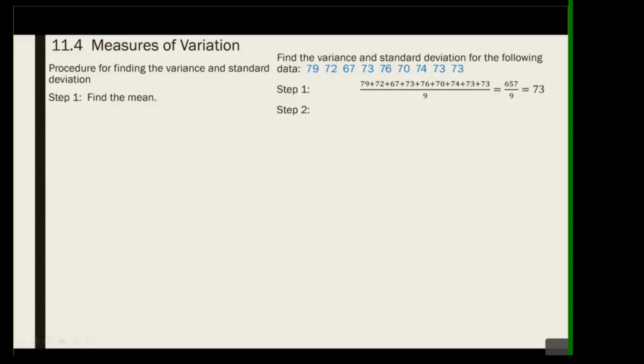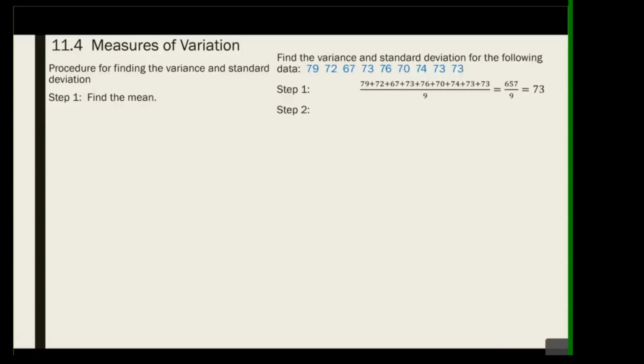Why do I say ideal? Because your mean and your mode are at the same location, 73. If you take each of this data, add them up and divide by 9, you will get 73. If you put this in order and find your median, it will most likely be 73. And the mode is 73.